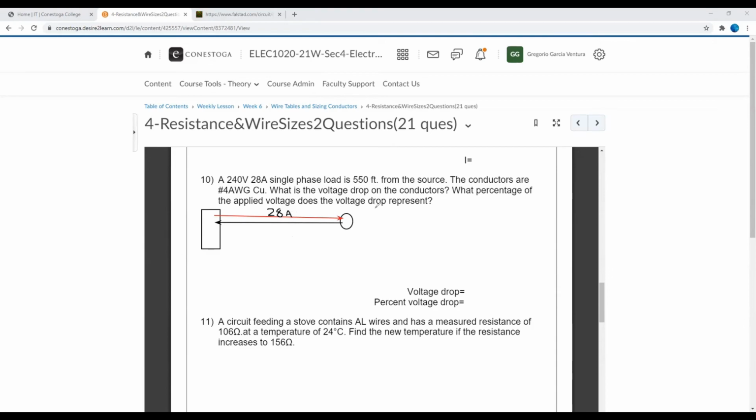Now, it's not a secret that we know Ohm's law. And using Ohm's law, we can determine how much voltage drop we are going to have on the actual conductor, because we are going to be asked to find the voltage drop. So E, which is voltage, is going to be equal to I times R.